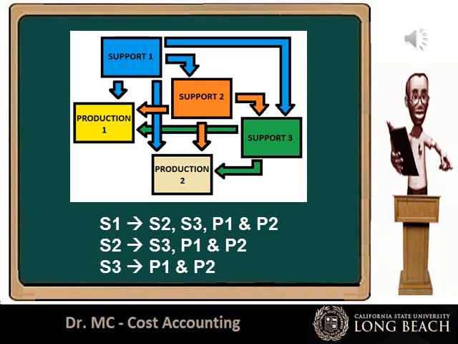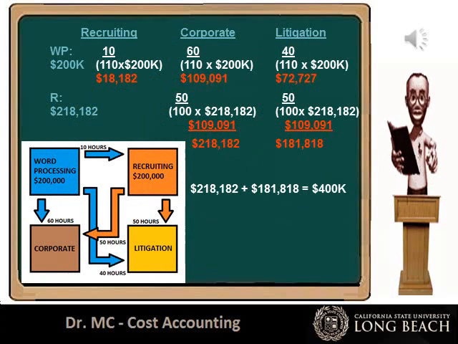With respect to our example, assume that word processing goes first. Word processing would allocate its costs to recruiting, corporate and litigation using each department's relative hours. In order to calculate the relative hours, word processing would add up recruiting's 10 hours, corporate's 60 hours and litigation's 40 hours to get a total of 110 hours that it spent on those departments.